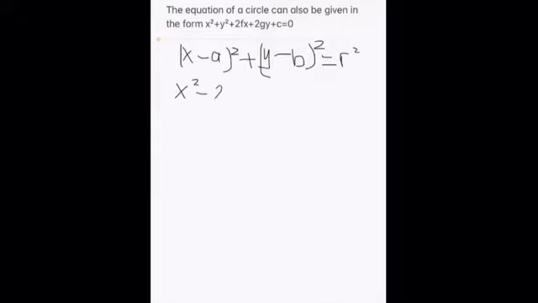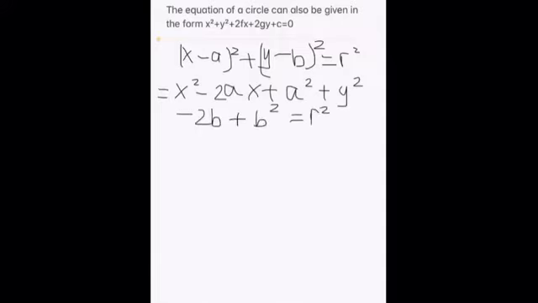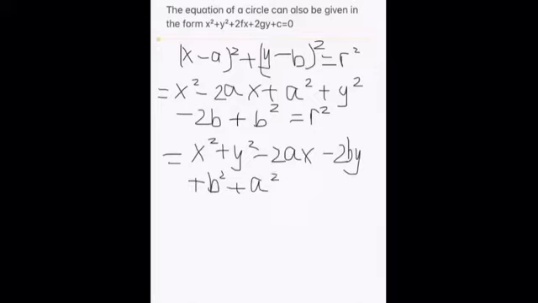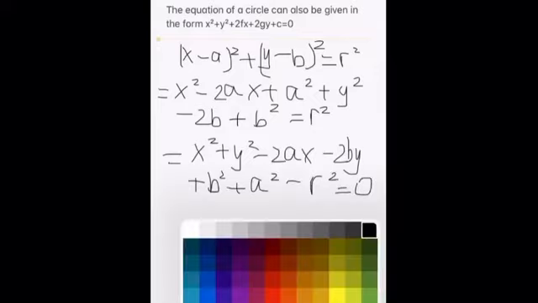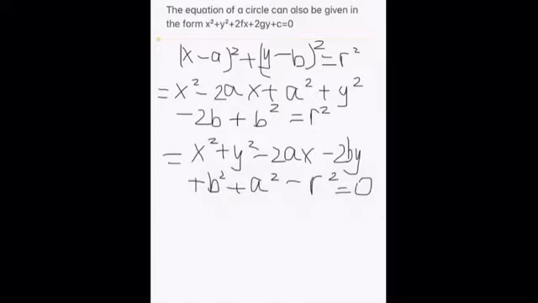So we'll try to get rid of the brackets, so we get x squared minus 2ax plus a squared plus y squared minus 2by plus b squared equals r squared. You will see that it equals x squared plus y squared minus 2ax minus 2by plus b squared plus a squared minus r squared equals 0.